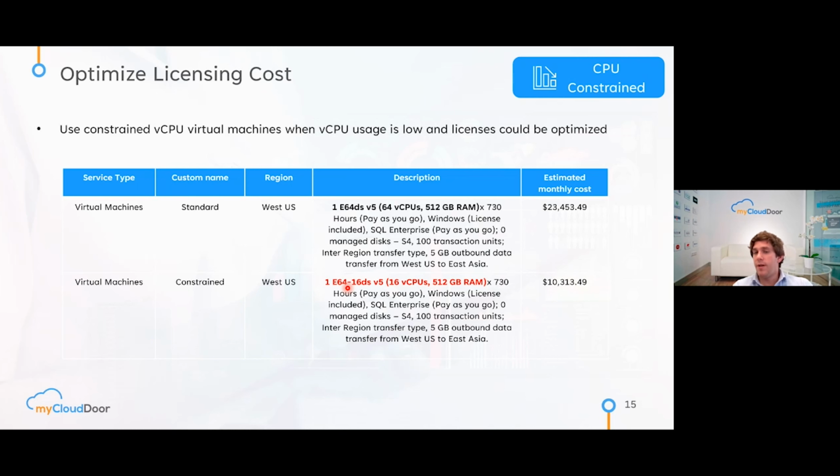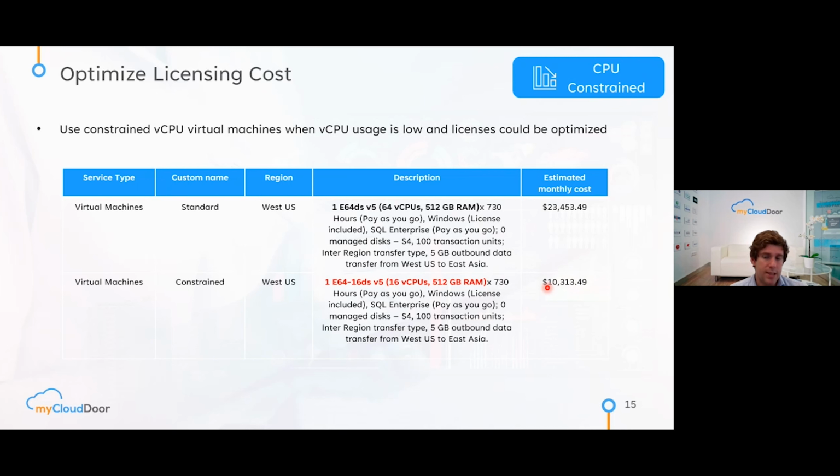So in terms of memory, the VM is the same, and in terms of IOPS, all the things are the same, but you are just limiting the use of CPUs to 16 instead of 64. So when you are applying a database like a SQL Server Enterprise license on top of that, which is licensed based on the number of cores, or even the operating system, the cost will go down significantly as we are limiting that.